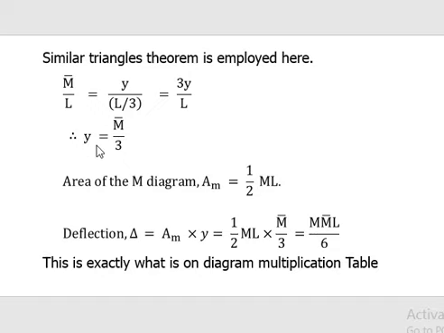If you solve, you find that y is equal to M bar over 3. The area of M diagram using the normal half base times height is half ML. The deflection in this case is obtained by multiplying the area of M diagram and that ordinate y. After doing that, you see it is exactly the value we have in that table.